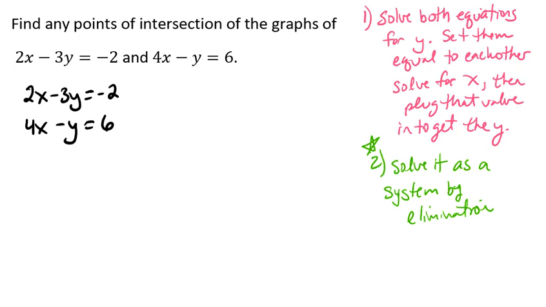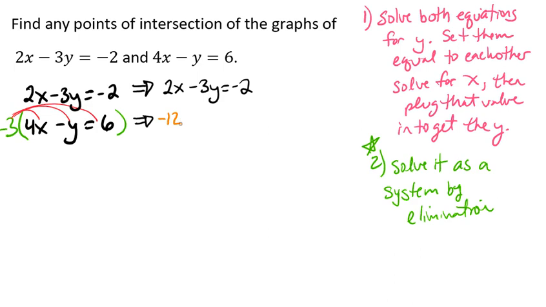So I'm going to multiply both sides of my second equation by negative 3. What that means is that my first equation isn't going to change: 2x minus 3y equals negative 2. However, when I do the distribution, my second equation will change, and it will become negative 12x plus 3y equals negative 18.